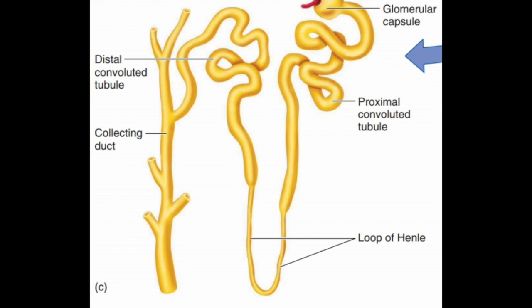So once it enters the nephron through the glomerulus, the proximal convoluted tube, which as the name suggests includes many twists and turns, is where the majority of reabsorption occurs.